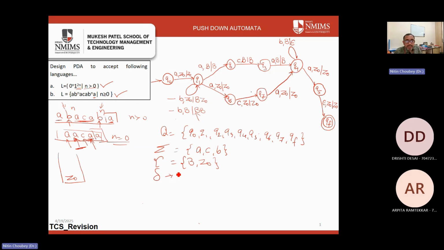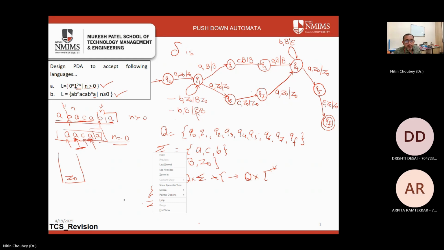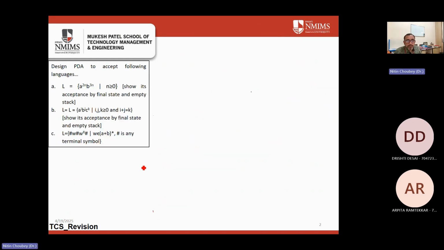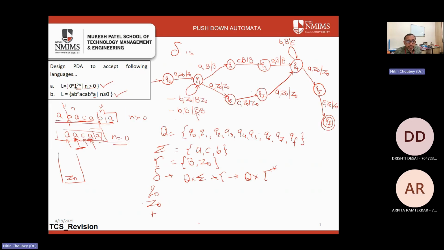That is, delta is the transition function whose mapping is Q cross sigma cross tau gives Q cross tau star. Then Q0 as the initial state, Z0 as the bottom of stack indicator, and F is the finite set of final states. We have just one final state here, Qf.